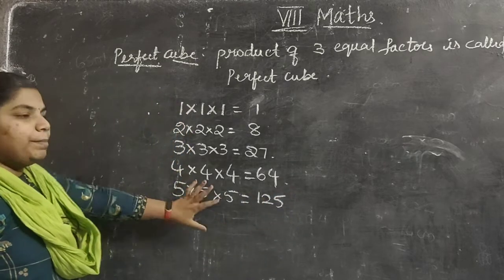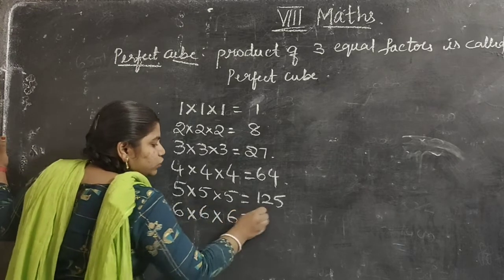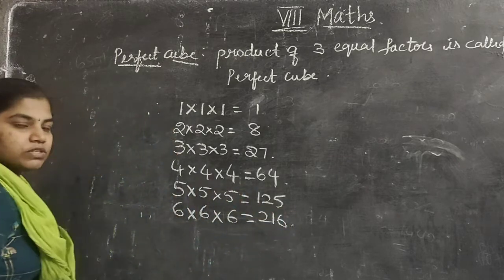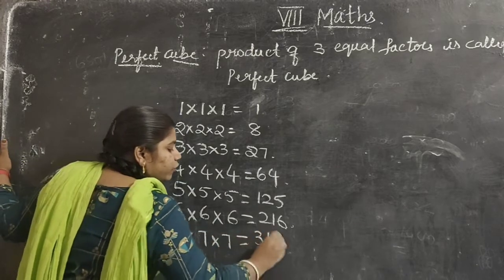So these all are perfect cube numbers. 6 into 6 into 6 is 216. 7 into 7 into 7 is equal to 343.